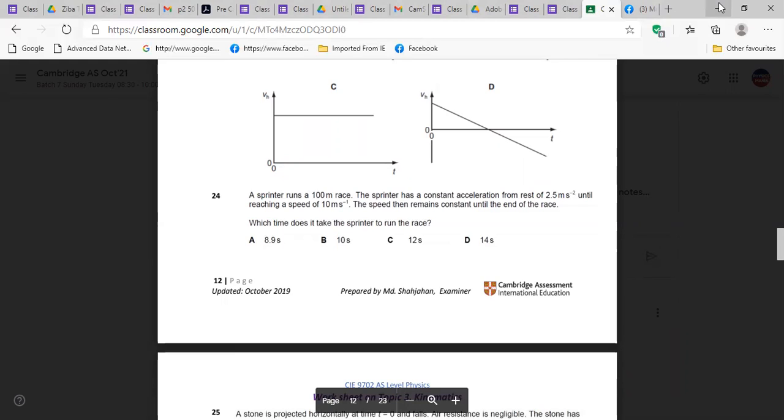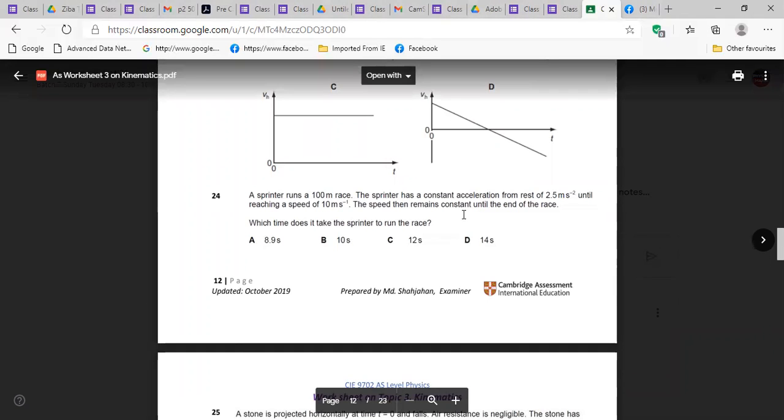Whatever you got, you tell us how you got it. Sir, A is equal to V minus U divided by T. With that way I got.